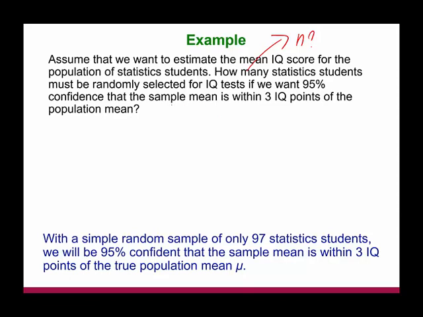This sentence gives us the margin of error, E equal to 3. We also know the critical z-score: for 95% confidence, the critical z-score equals 1.96.